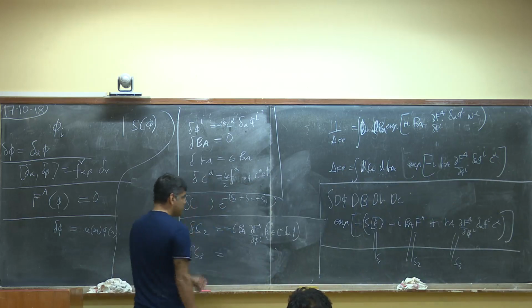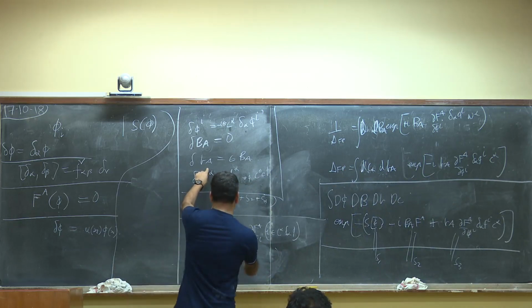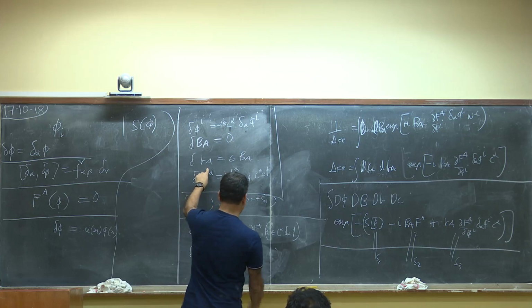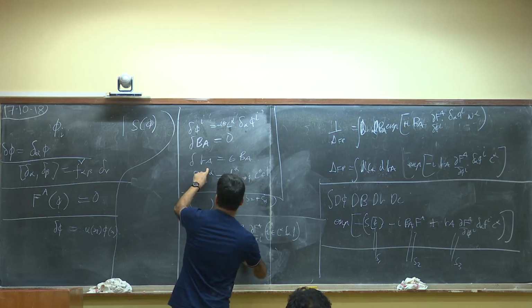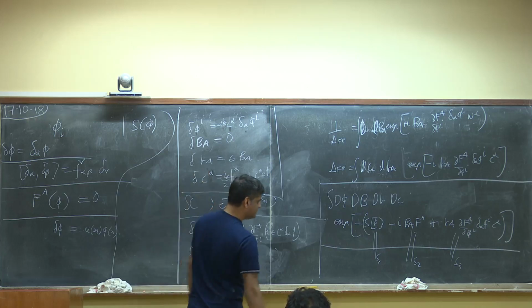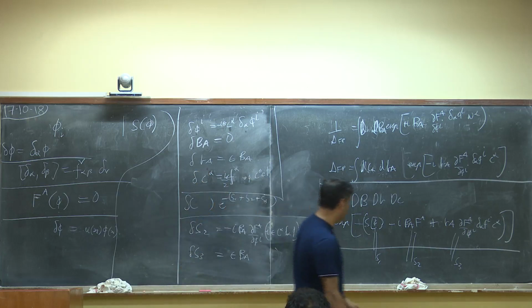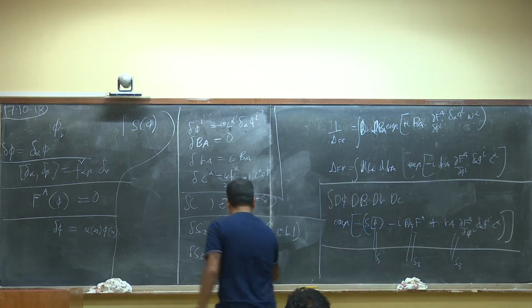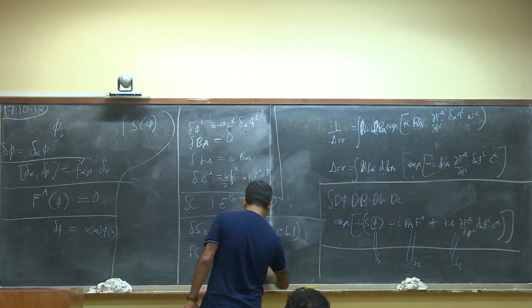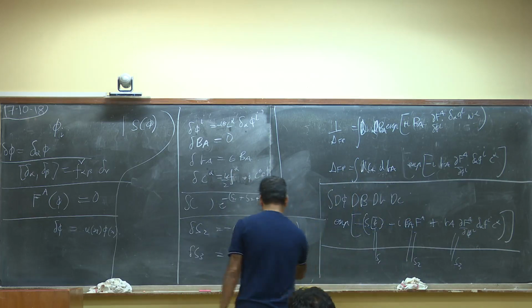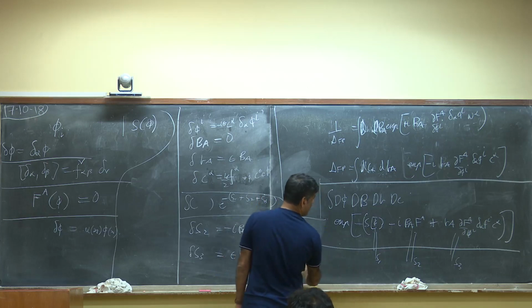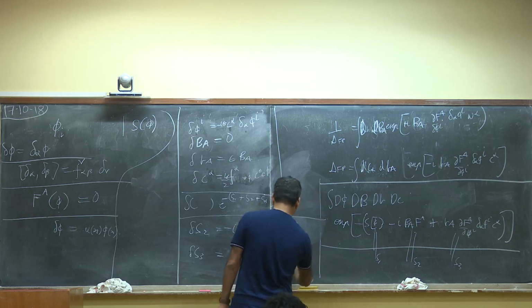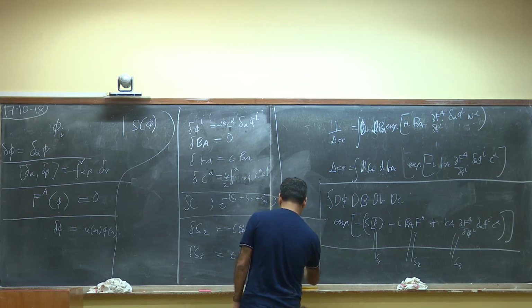So now BA changes by epsilon BA, times del FA by del phi i, delta alpha phi i, C alpha.